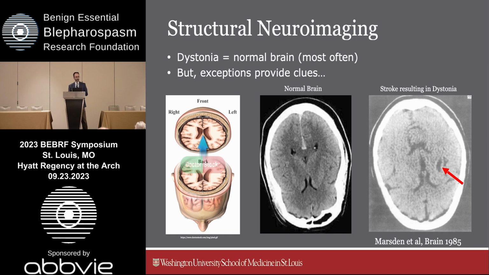But on this image here, this was the work of Dr. Marsden in the 1980s, where he recognized that patients would have strokes, they would develop dystonia, and he looked across all those patients that he had access to and noticed that the most common region that was damaged was this region here. And this is that basal ganglia that keeps coming up, right?